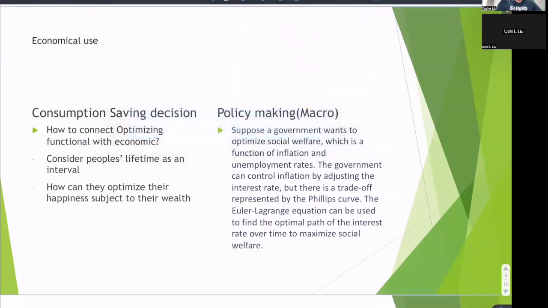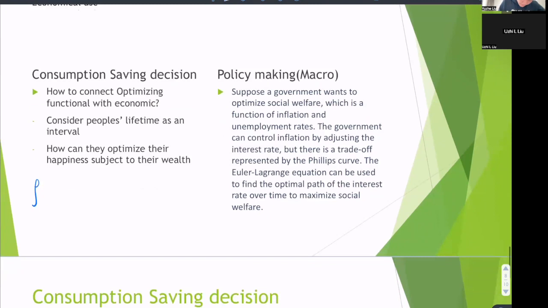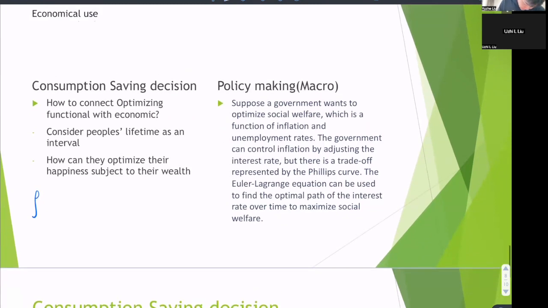Remember previously we talked about maximizing a functional. A functional is always mapping a function to a real number, that is the integral from a to b of f of x, u of x, y prime of x.